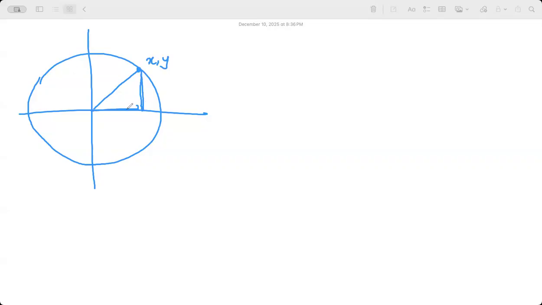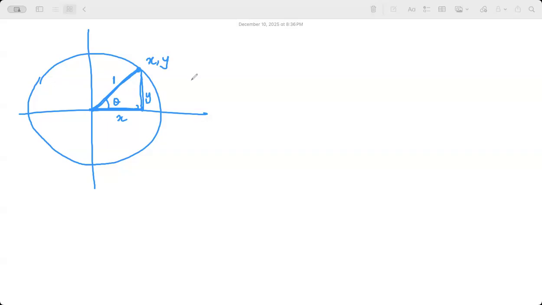In this scenario, this was a point x comma y. Now, if this was a unit circle, this was taken to be 1. Any questions? Okay, so this will be x, this will be y. Makes sense?